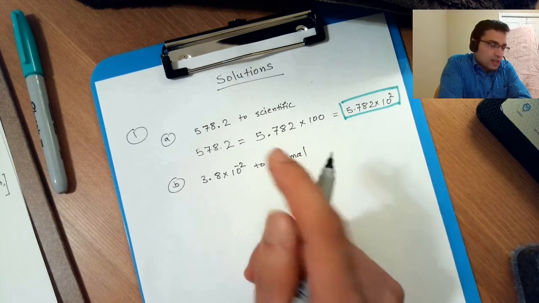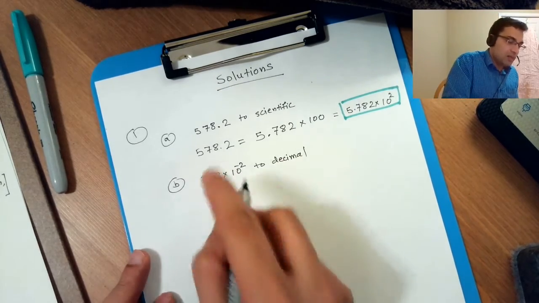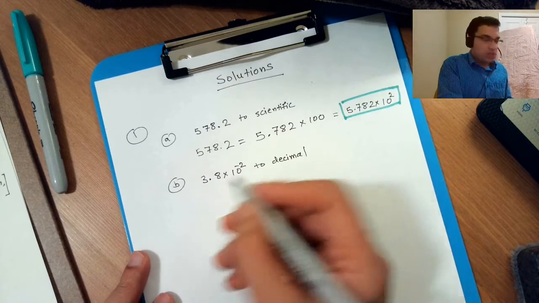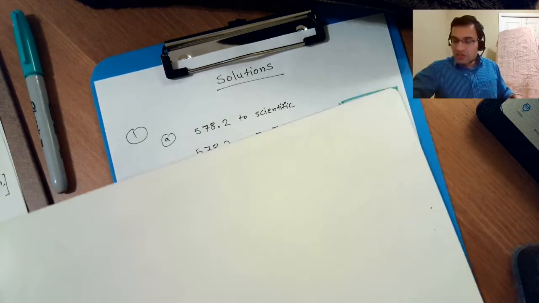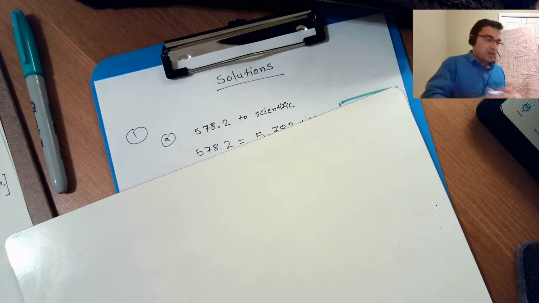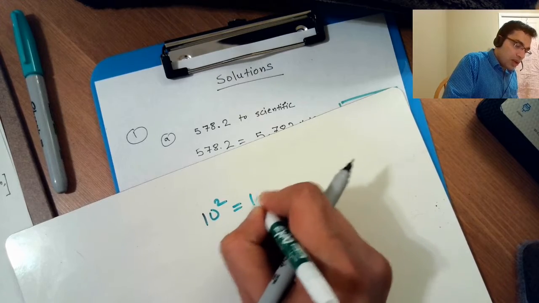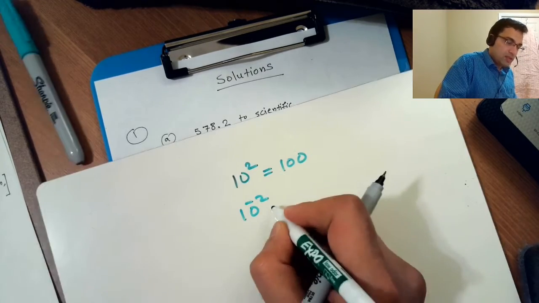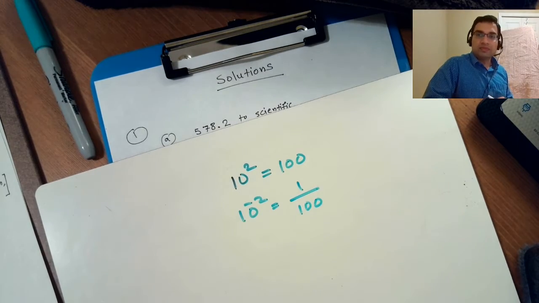It's not a negative number. We did a little bit of that in our theory section. I'll write it on a separate sheet just so that you remember. 10 to the power 2 is 100. 10 to the power negative 2 is 1 divided by 100. All right.